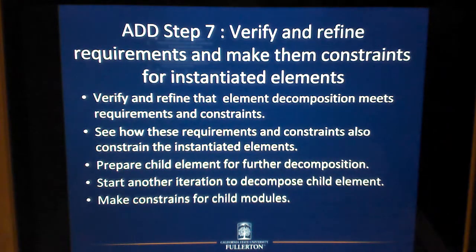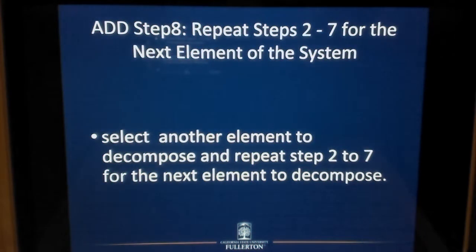One important thing to note here is that during the 7th step, no decisions about designs are made. After finishing step 7, we have to decompose the parent element into child elements. So now each child element has a collection of responsibilities. And then in step 8, we start from step 2 where we have to select another element to decompose.